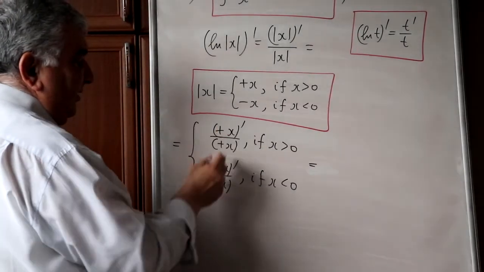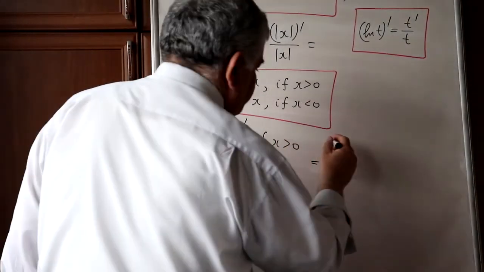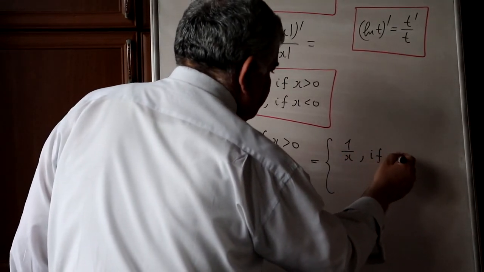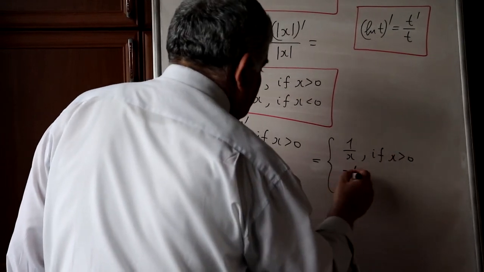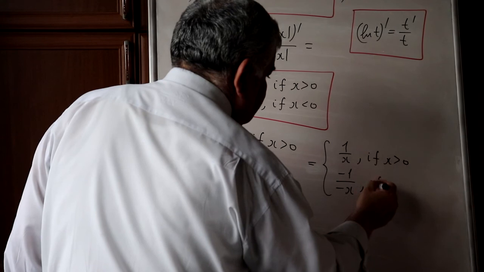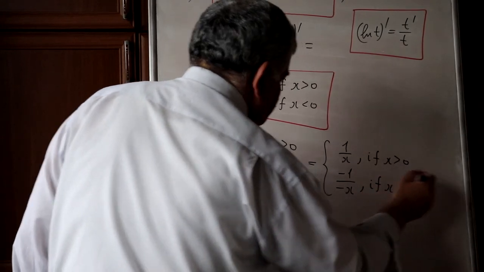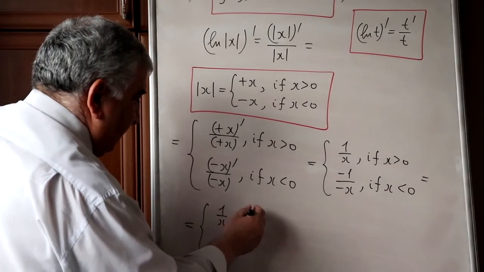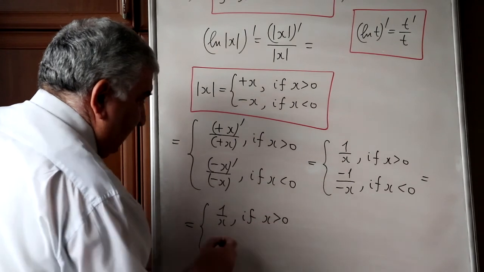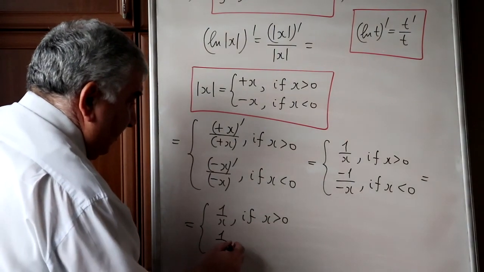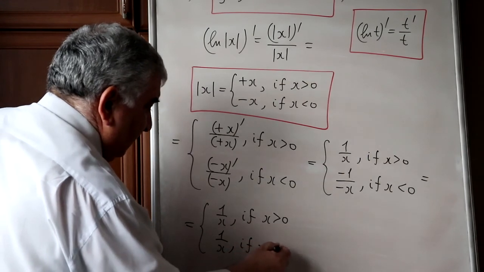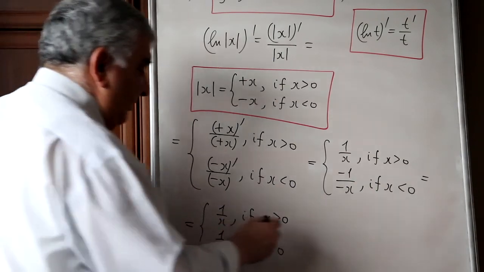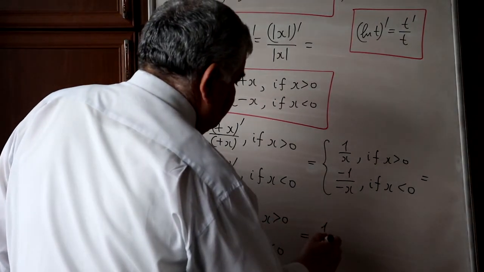Derivative of x is 1, and derivative of minus x is minus 1. So 1 over x if x is positive, and minus 1 over minus x if x is negative. It is 1 over x if x is positive, and again 1 over x if x is negative. It means in all cases we obtain 1 over x.